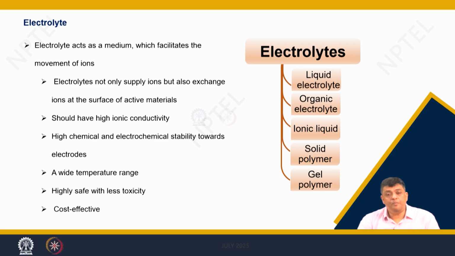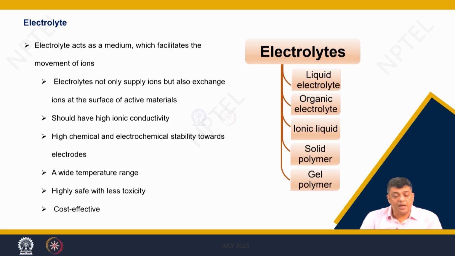So, depending upon the requirement of the batteries and the economics associated with those batteries and applications, you will have to choose the right electrolyte, because the electrolyte is one of the most expensive components in a battery.